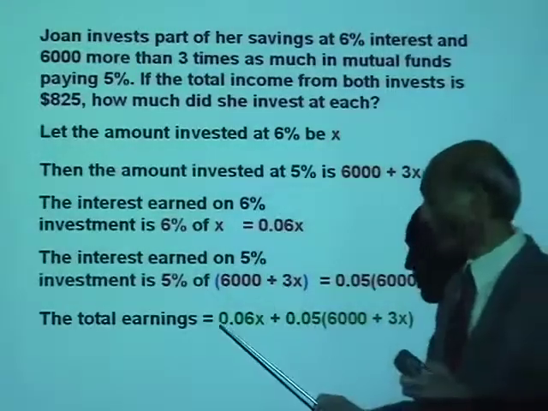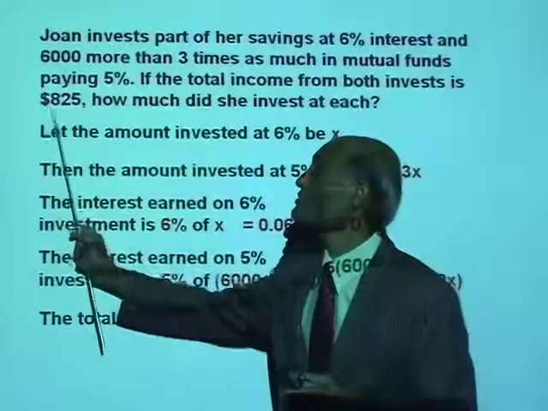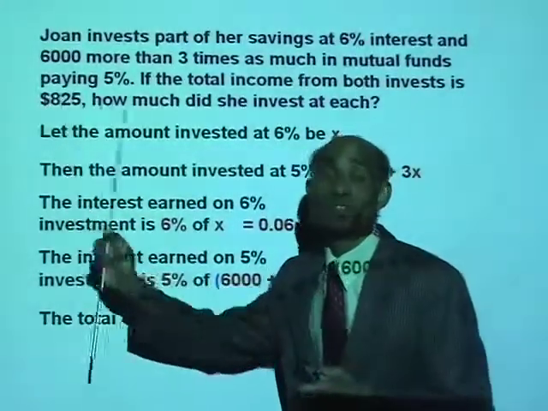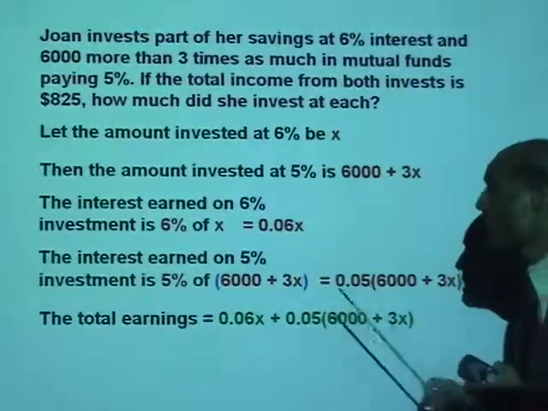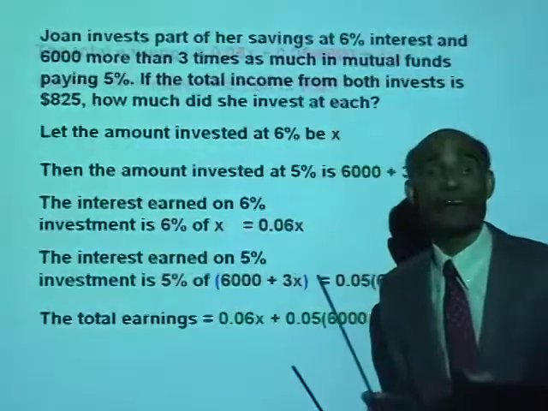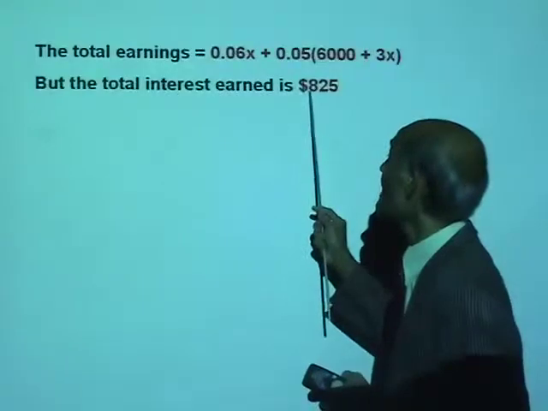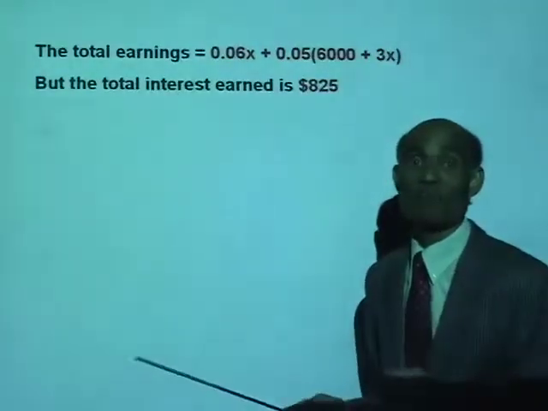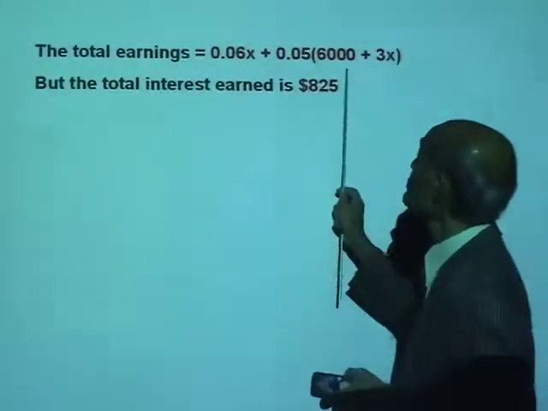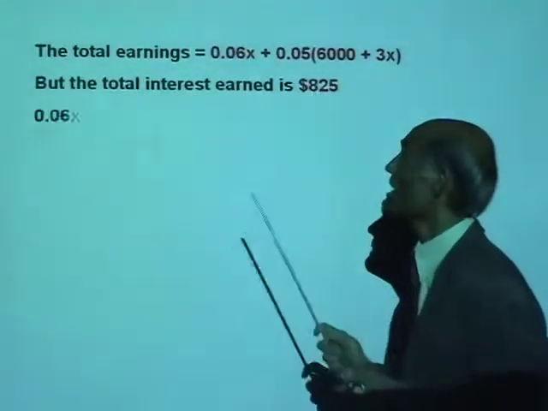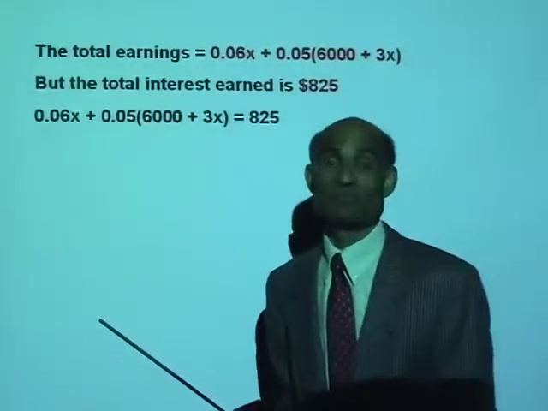And we are told that this total interest she earns is $825. So what we now do is equate this quantity to $825. The total interest earned equals 825, and that is our equation now.